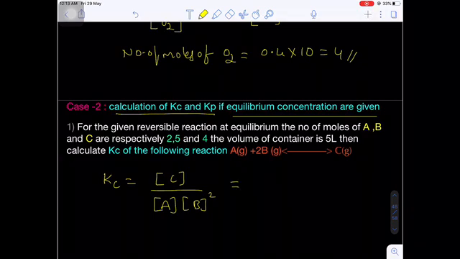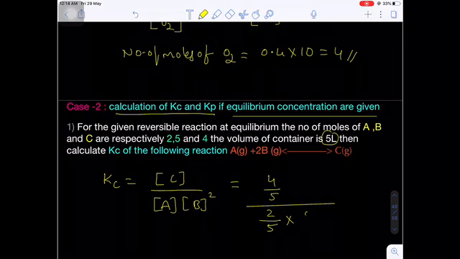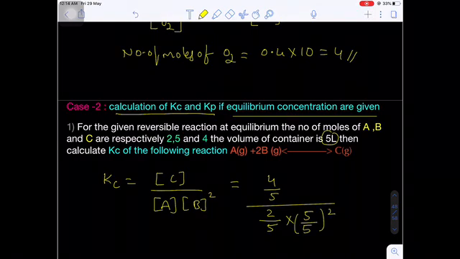What is the concentration of C given to you? 4 moles. Remember, the container is 5 liter volume, so divided by 5, whole divided by, how many moles of A will be present here? 2 moles divided by the volume of the container, multiplied by, how many moles of B? 5 moles by the volume of the container whole square.